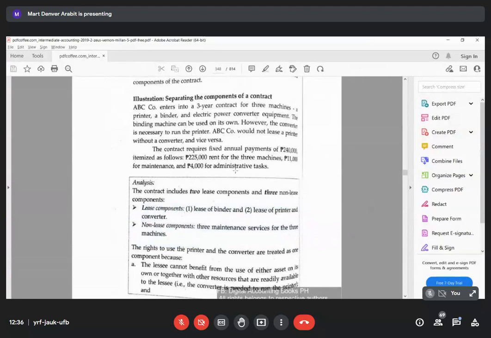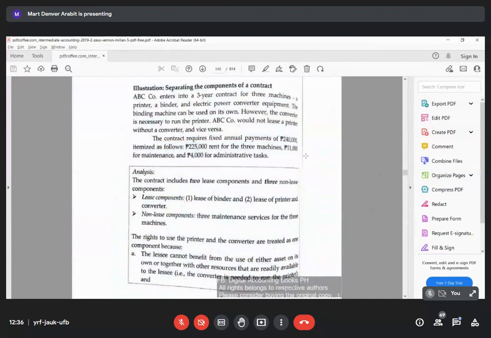However, the contract requires a fixed annual payment of 240,000, itemized as follows. So ito yung payment niya. Okay, 225, 11, and 4 for a total of 240. However, kung mapapansin natin dun sa fixed payment, meron tayong non-lease payment. Ito siya, yung 4,000.